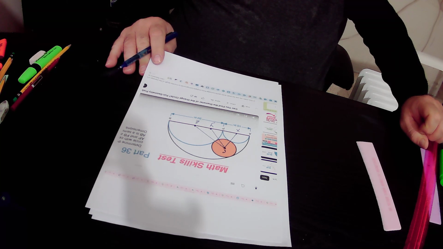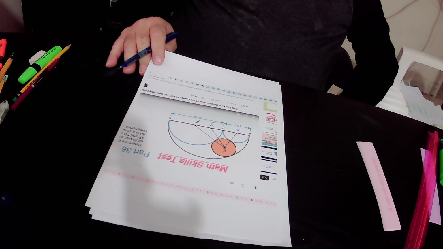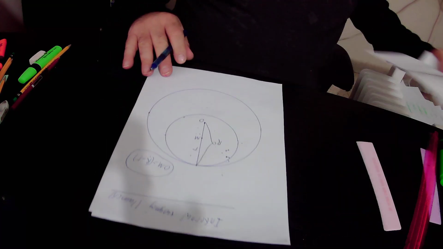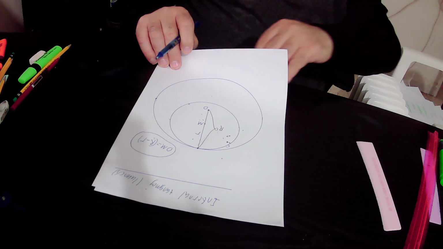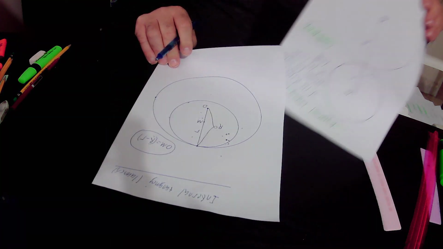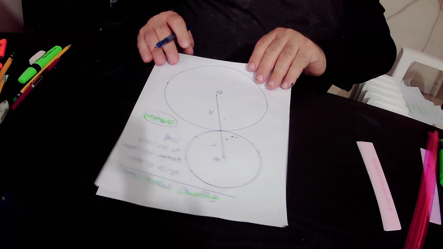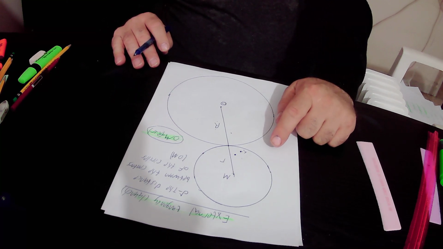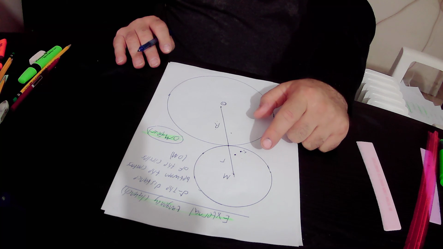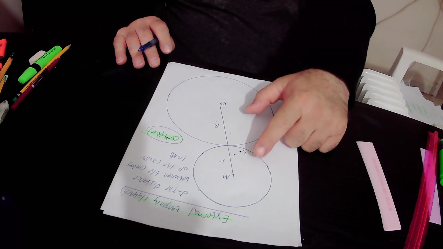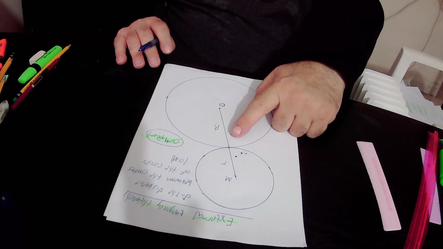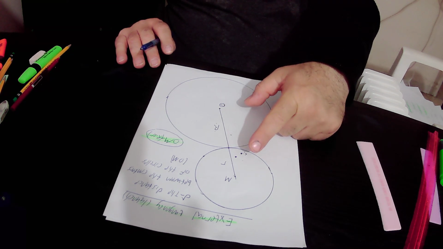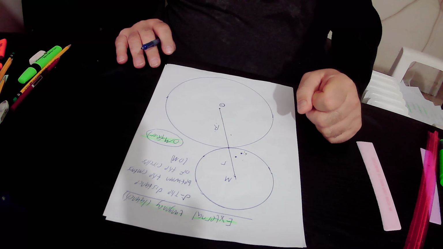There are two types of tangency between two circles. The first type of tangency between two circles is the external touch. In this case, those two circles are touching each other externally at this point. This is the point of tangency between the two circles.